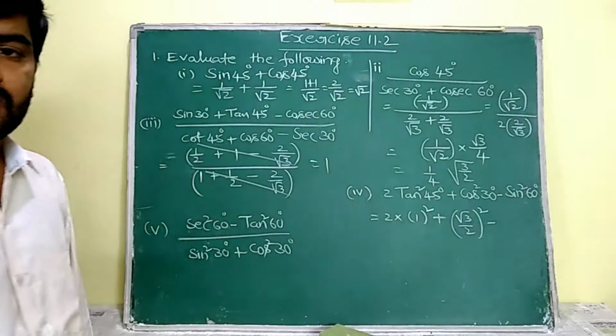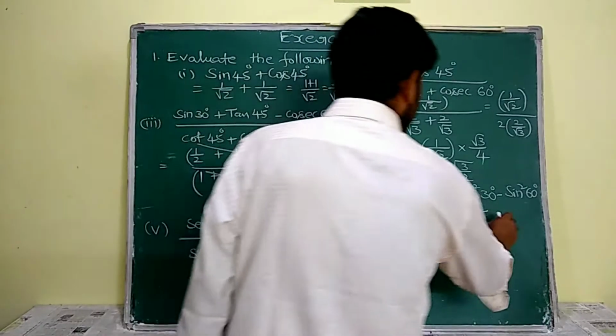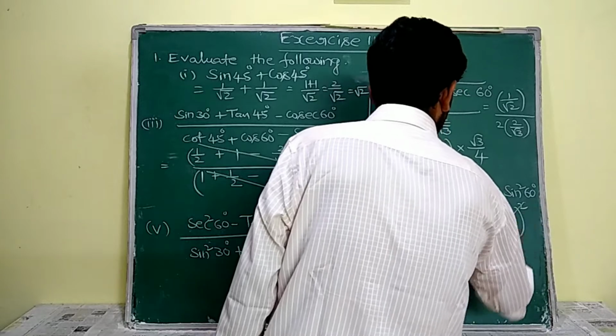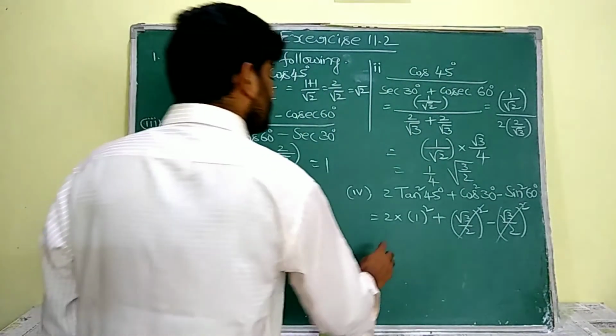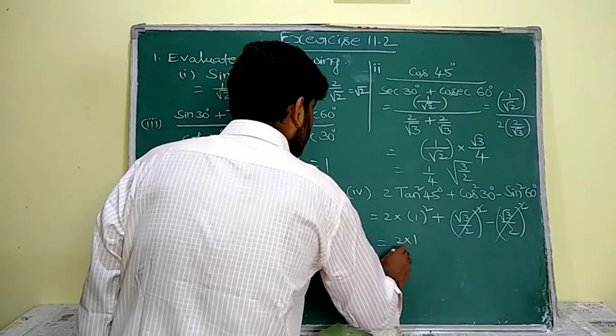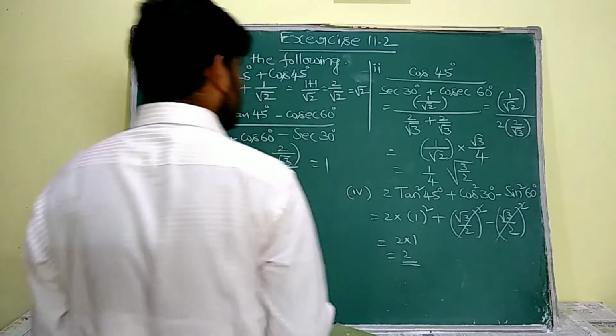Sin 60 is root 3 by 2, so sin square 60 is also root 3 by 2 whole square. These two are of the same value, so they are cancelled. Then 2 into 1 square is 1, that is 2 into 1, which is 2.